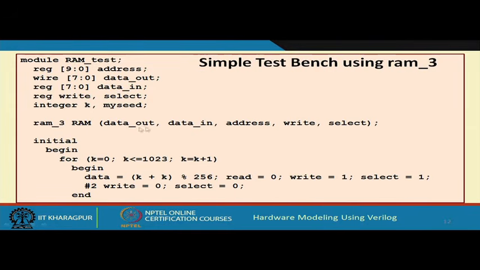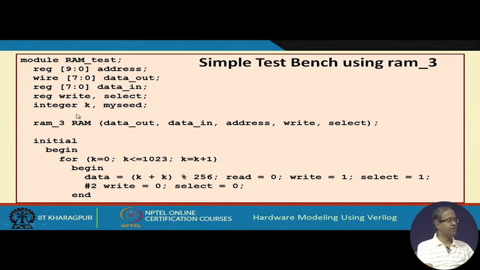So, this address is of type reg, data out which will be coming out of the RAM is of type wire, data in will also go inside, so that has to be of type reg. Write and select, chip select and write, those are also type reg. And we have defined two integers in addition, k and myseed, for the purpose of writing the test bench.